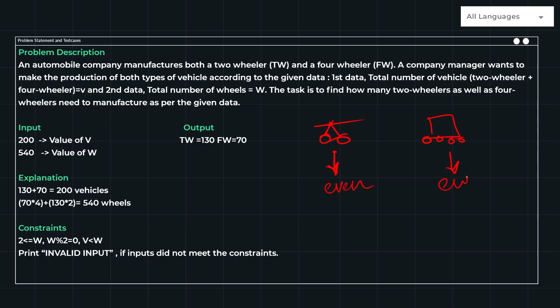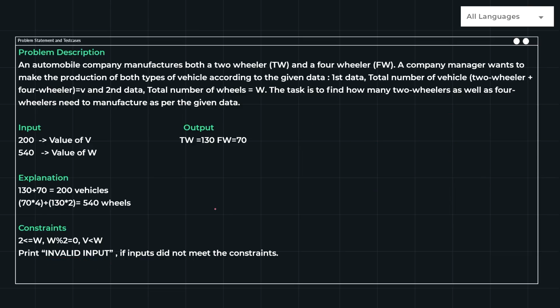So when you add even numbers, you will get only even numbers, you cannot get any odd numbers. So this must be even. And also V will be less than W, because each time you are adding a vehicle, the number of wheels is getting higher, it's not getting lower. So that's it. If these constraints are not met, then only you have to print INVALID INPUT in all caps.